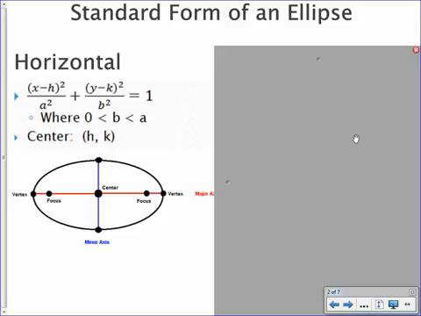Here is the standard form for an ellipse. So the x and the y are going to be squared, and they both are positive. Notice how this standard equation equals 1.